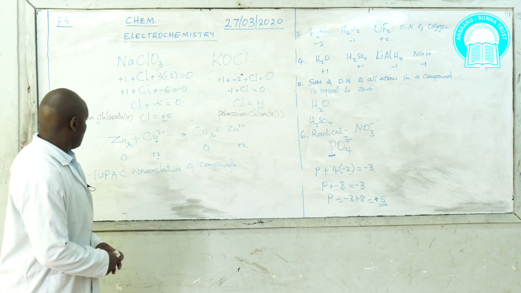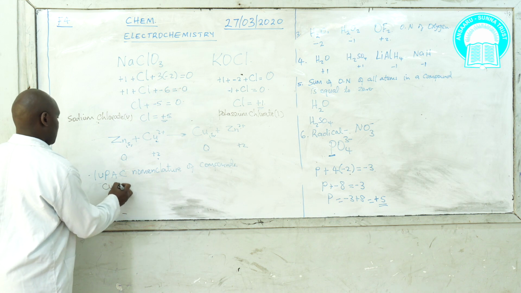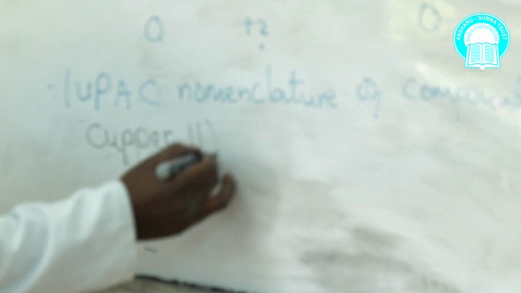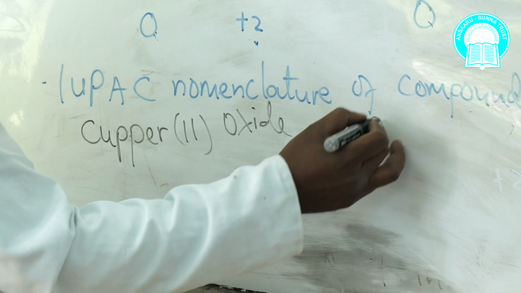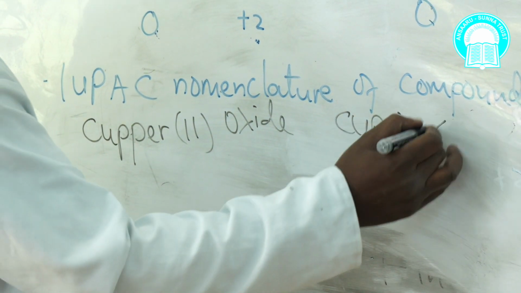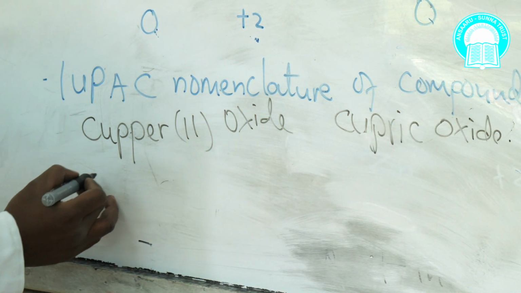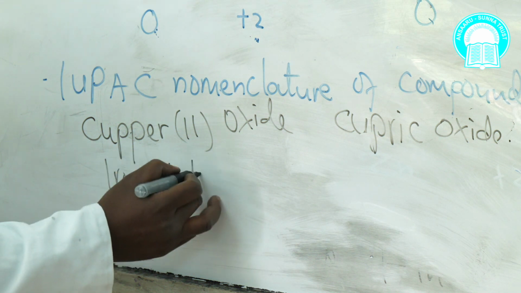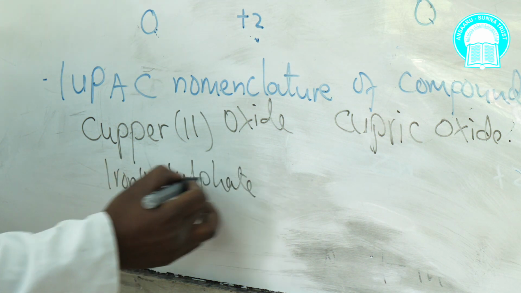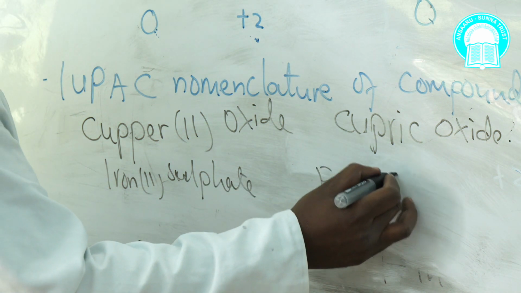Examples of other compounds, we can say copper 2 oxide. We call it cupric oxide, copper 2 oxide. We have iron 2 sulfate, which is called ferrous sulfate. Ferrous is the common name.